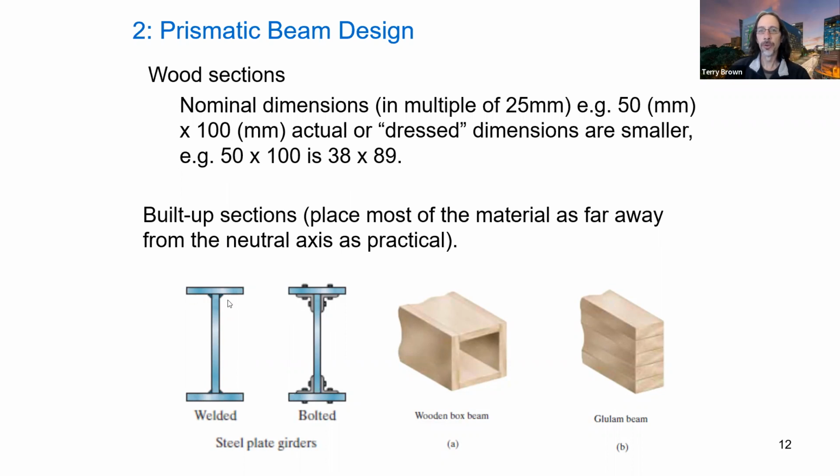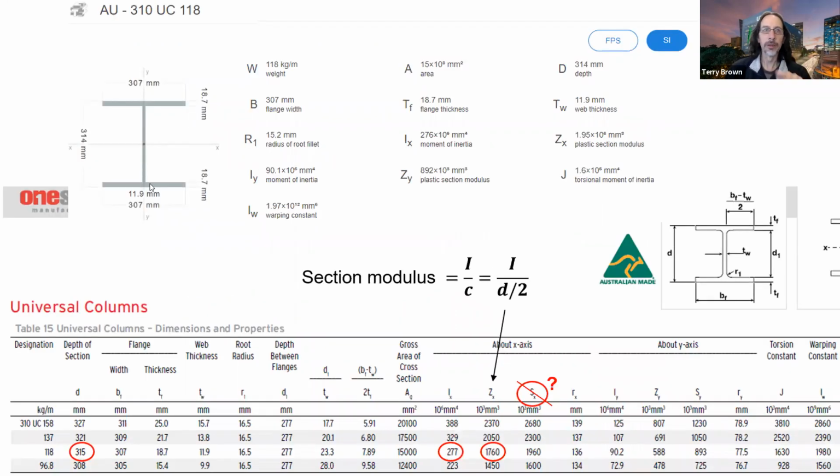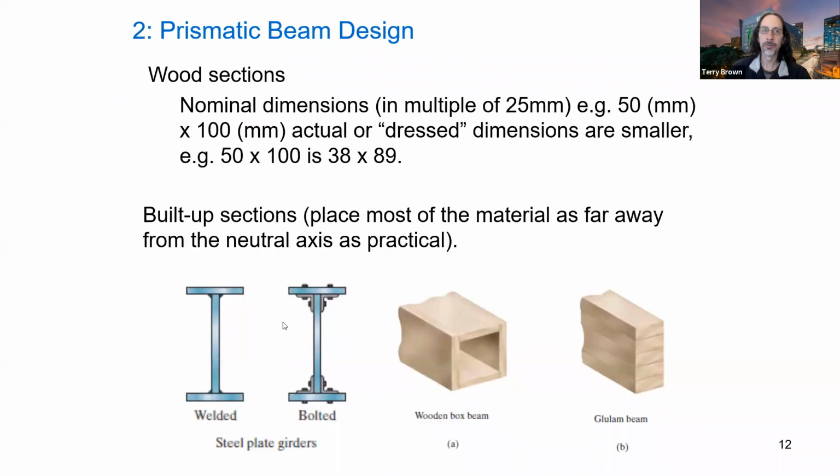And also, what we're looking at mostly in this subject is extruded sections like this. So it's all just one piece. But of course, you can build up a section using plates. So you can weld 3 plates together here to make an I-beam, or you can bolt them together. And to design these properly, you need to assess, obviously, the weld and bolt strength.